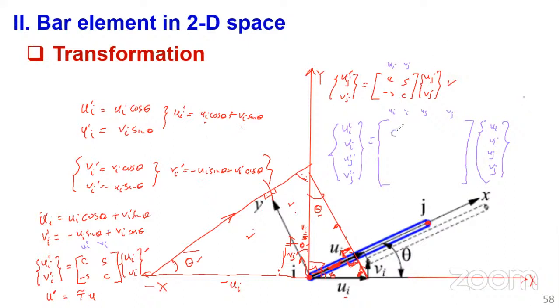When you do this, you're going to have cos sine minus sine cos 0, 0, 0, 0. You're going to have 0, 0, 0, 0. I'm doing this faster because we are already familiar with this superposition method. So now I've been able to merge the transformation of coordinates at the two nodes from local to global. So you see, from local, the U primes and the V primes, to global, U and V, using a transformation matrix. So this here is what we are calling a transformation matrix T.